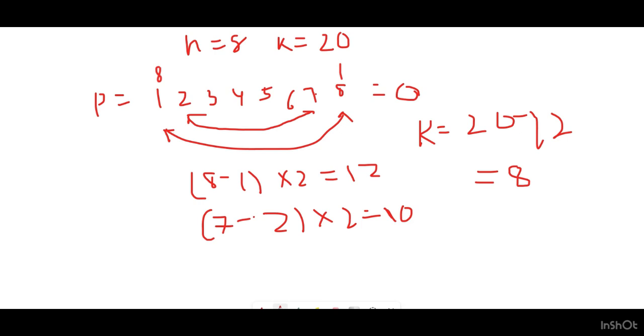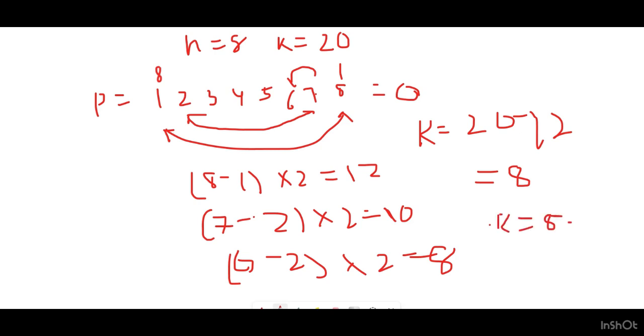But the value of k was 8. So we won't swap 2 with 7. Instead, we will next try to swap 6 and 2. So we found that after swapping 6 and 2, the value we get is 8. So k will be updated with minus 8, so 6.